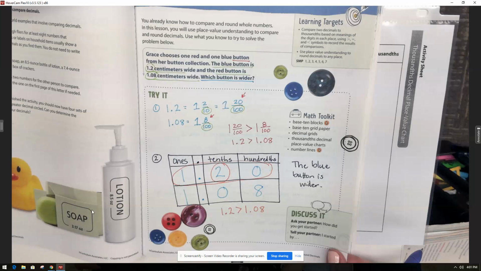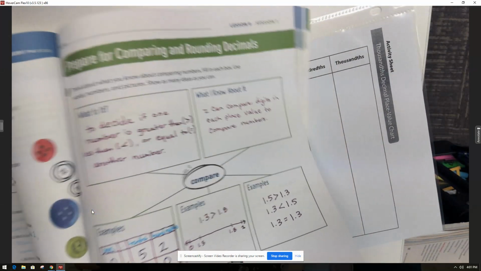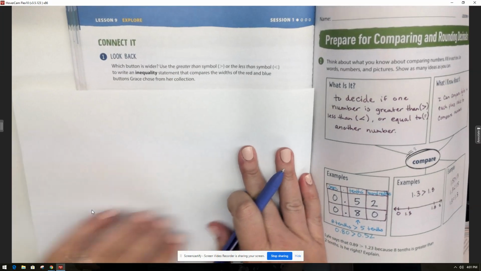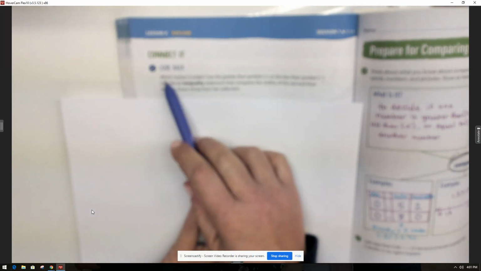Let's go ahead and go to page 168. All right, on 168, we're going to start out by first looking back.